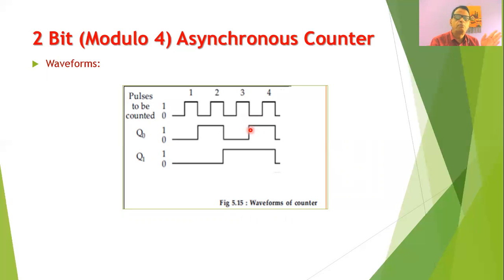That is, the 4 clock pulses are divided by 2 and we get only 2 pulses at Q0. And at Q1, we will get only 1 pulse, which is further divided by 2. So every flip-flop will divide the input pulse by 2 in the case of asynchronous counters.